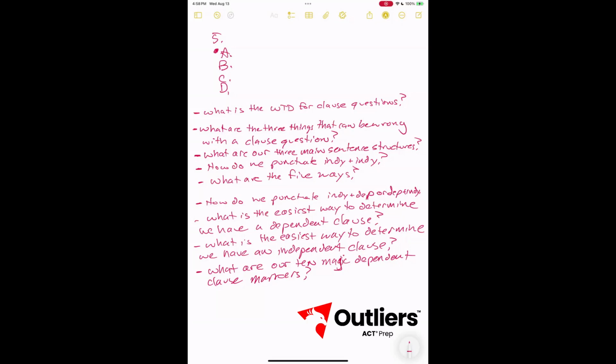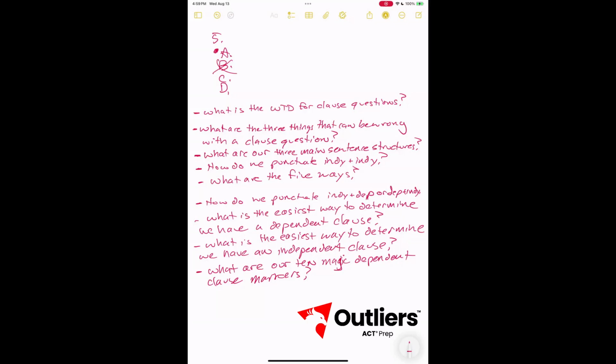Participles, ing ending words, there's also non ing ending words that are participles, but on the ACT, a huge percentage of them are ing ending words. They look like verbs, but they are not. They require a helping verb to be a verb. And therefore, there is no verb on the second clause, and therefore, there is no subject verb combo, and therefore, there is no independent clause because that was the only independent clause in the sentence because the first clause is dependent. So we can eliminate B because there's no independent clause in the sentence.